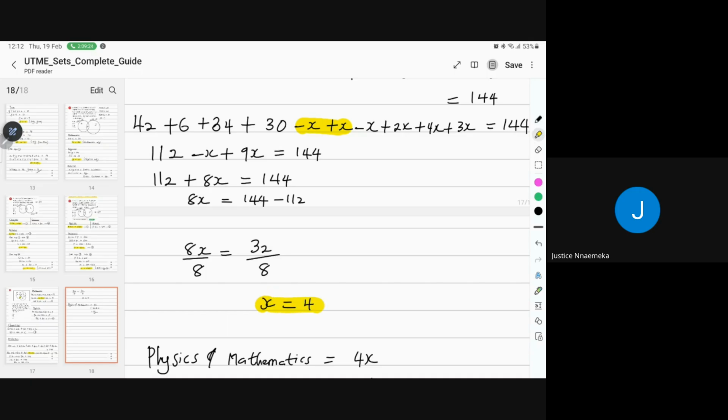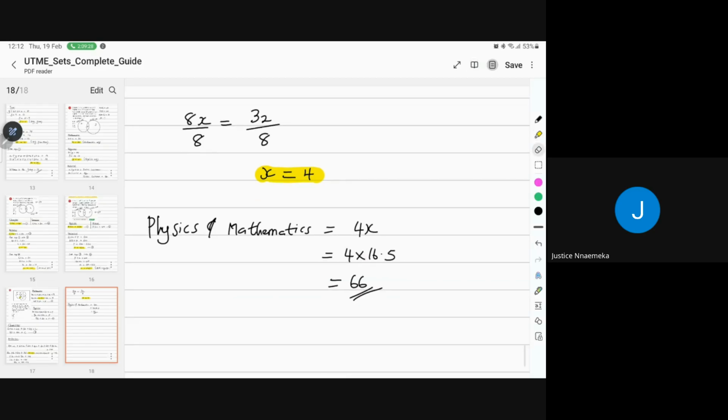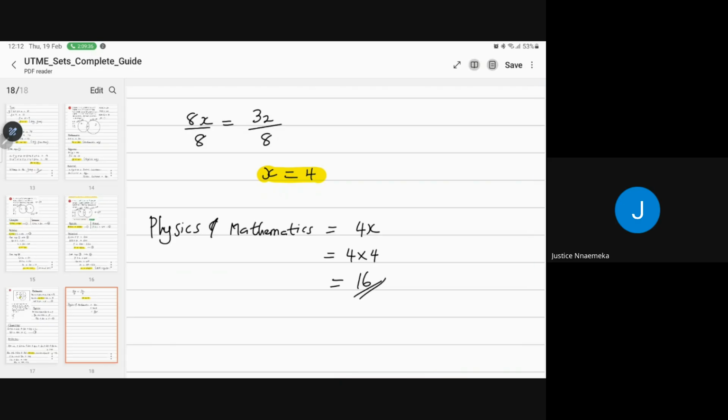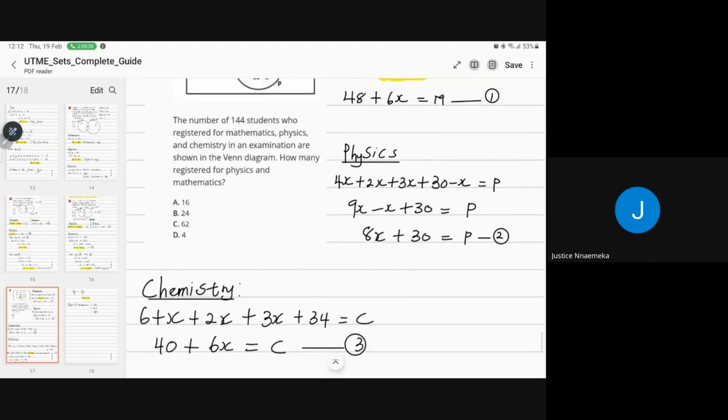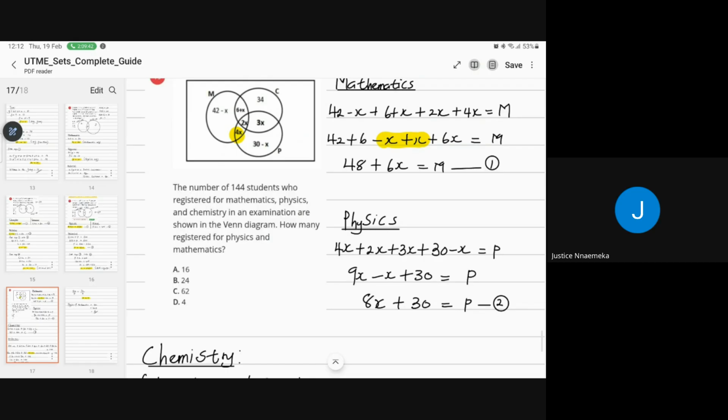So x equal to 4. Now physics and mathematics is 4x, which means 4 times 4, a very simple question, is 16. So our final answer should be 16. All this mathematics, physics, we don't even need it. All you need is the universal set, so you add them. I didn't look at it.